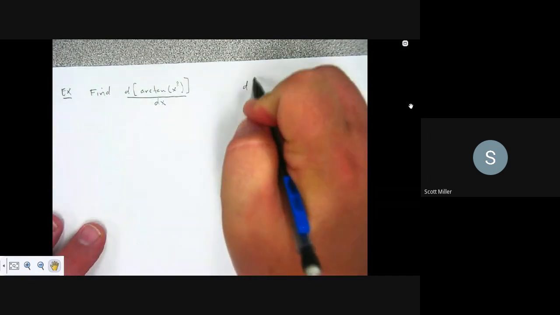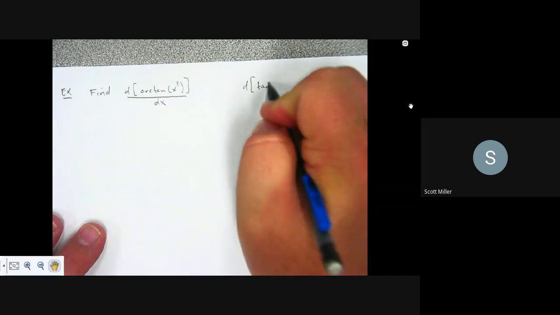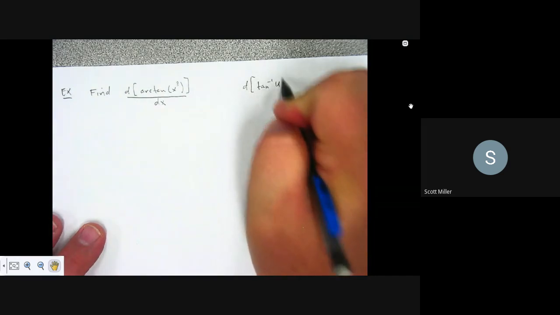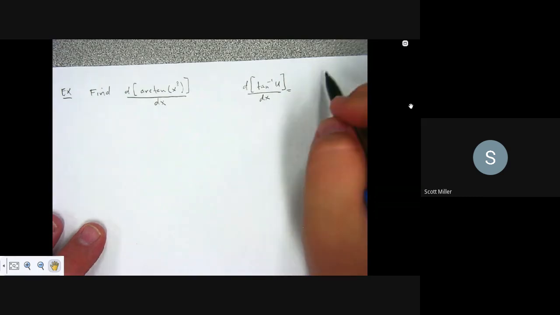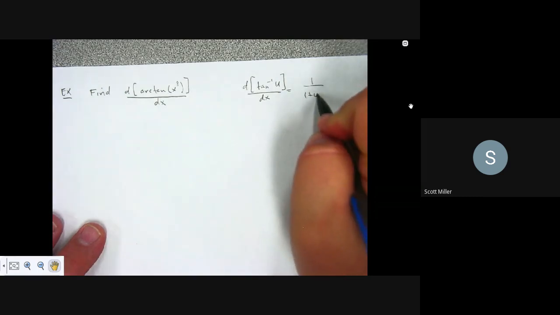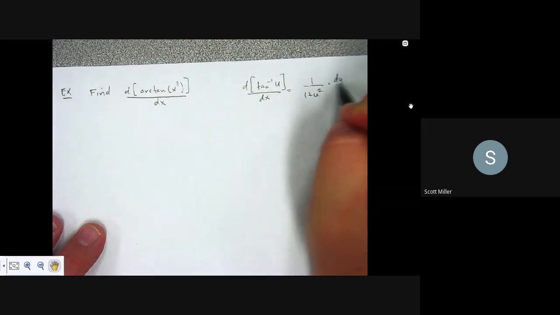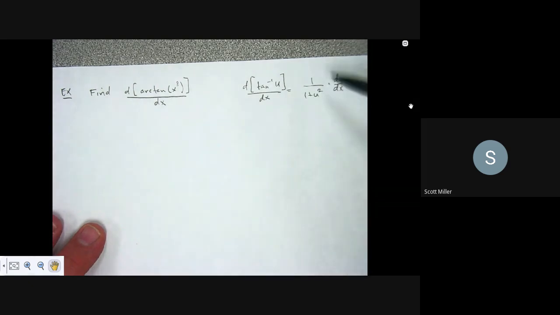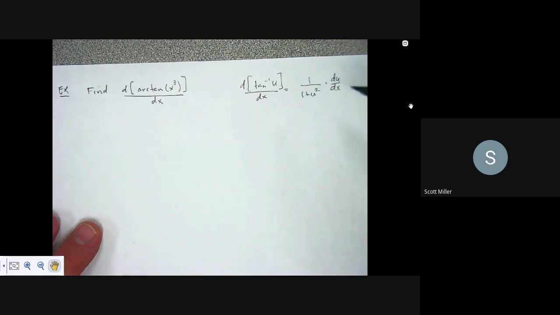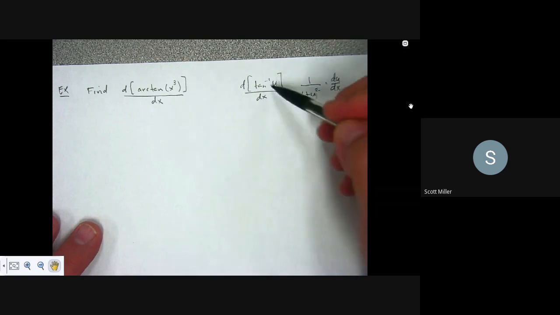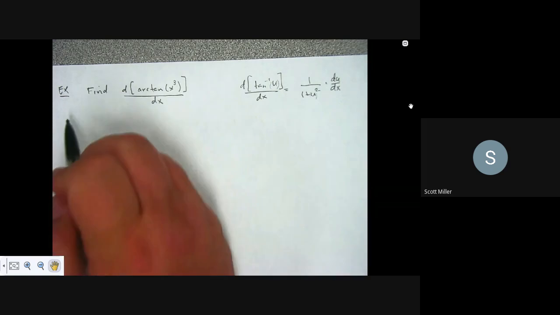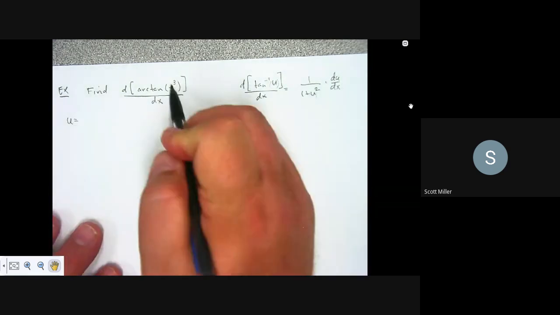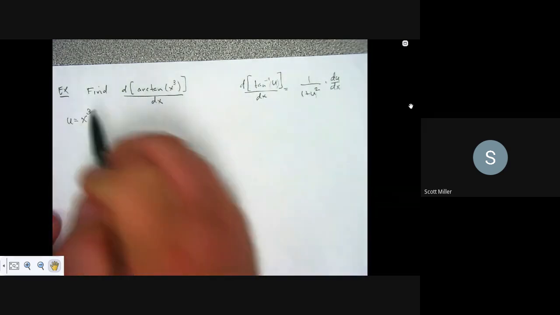The derivative of the inverse tangent of u with respect to x is 1 over 1 plus u squared times du dx. So we need to find all of these things. Since our formula uses u, the inside function, you should identify u. So u is x to the third.